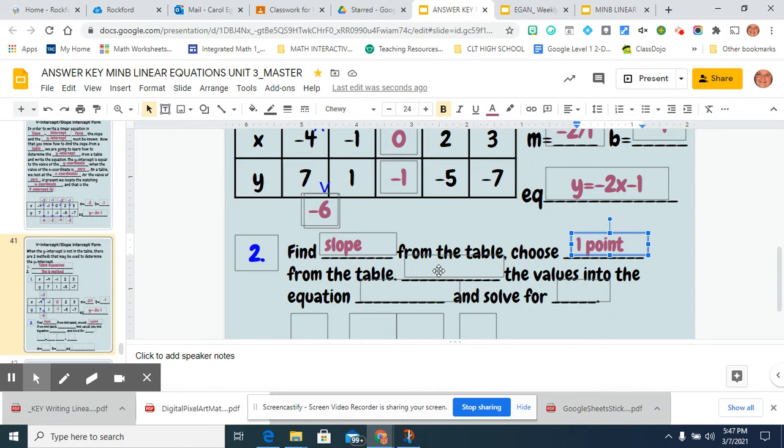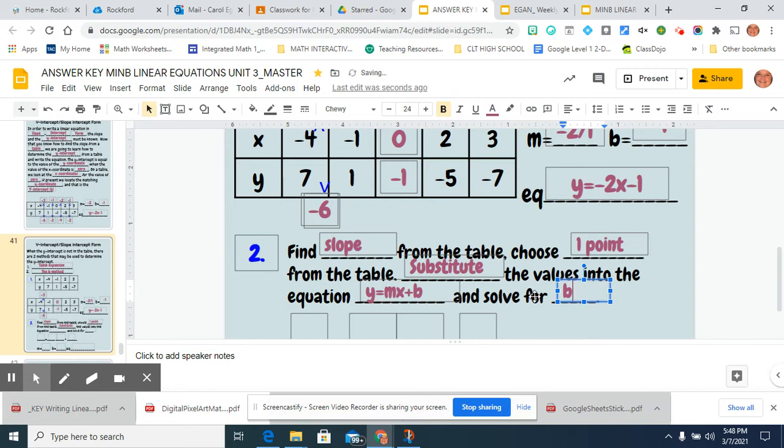And then we're going to take those values and we're going to substitute the values into the equation y equals mx plus b, and we're going to solve for b.